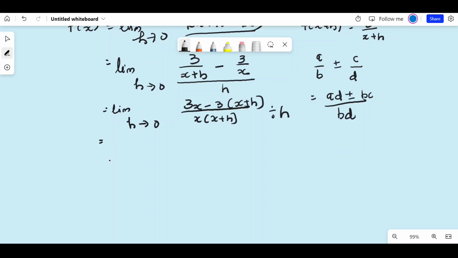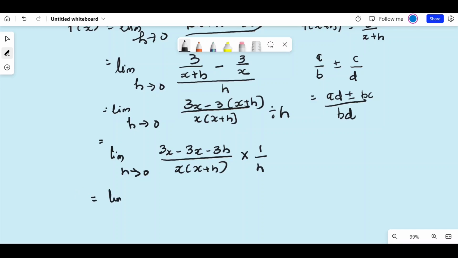Now again, limit h tends to 0. Simplification here, opening the bracket: 3x minus 3x minus 3h divided by x times x plus h, multiplied by 1 over h. You change the division to multiplication by multiplying by the reciprocal.